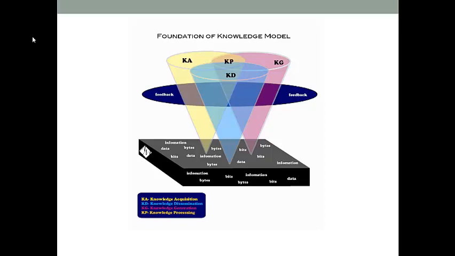KG represents knowledge generation. Basically, this is the finding from our analysis. KD represents knowledge dissemination. Another term for this is knowledge sharing. Once we get new findings, we need to share these findings with stakeholders like patients, colleagues, and the public.